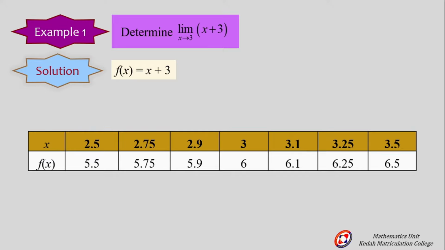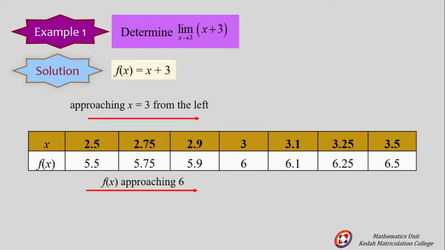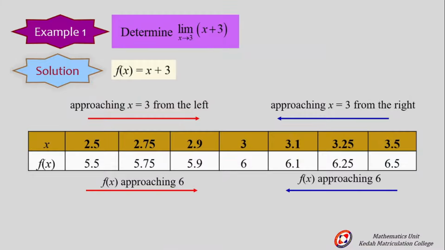What we can see now is when x is approaching 3 from the left, f(x) is approaching 6. And when x is approaching 3 from the right, f(x) is approaching 6.